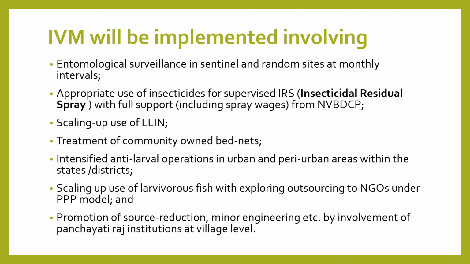Next is intensified anti-larval operations in urban and peri-urban areas. Then scaling up use of larvivorous fish, for example Gambusia affinis, with exploring outsourcing to NGOs under a public-private partnership model, and promotion of source reduction, minor engineering, etc., by involvement of Panchayati Raj institutions at village level.